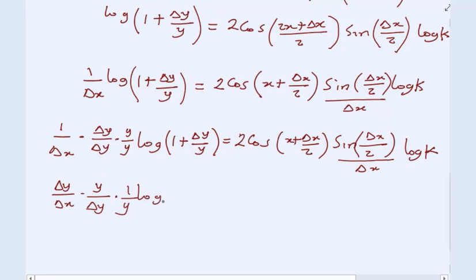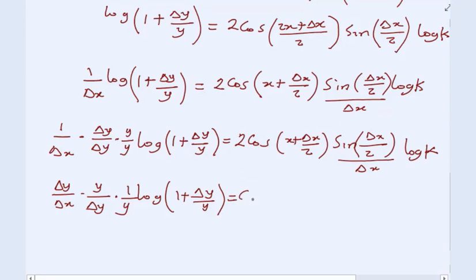So I have log of 1 plus delta y over y is equal to, now in this case don't forget, limit as s tends to 0 of sine s over s, the answer will be 1. But here the angle is delta s over 2, so I have to have delta s over 2 at the denominator, so I'm going to be using this 2 here. I will divide both numerator and denominator by 2, so that this 2 will no longer be there.